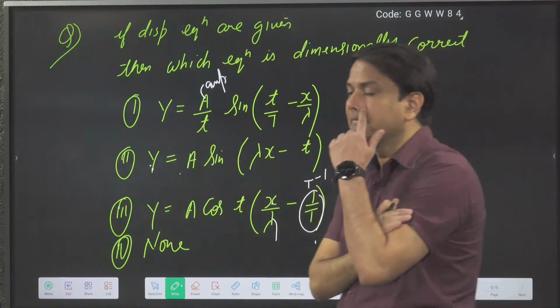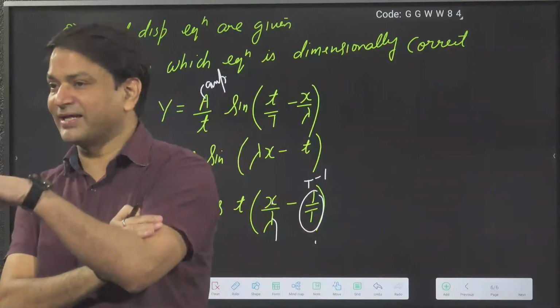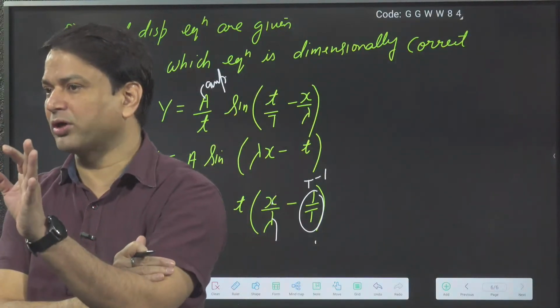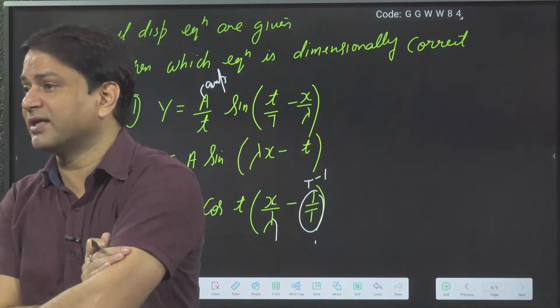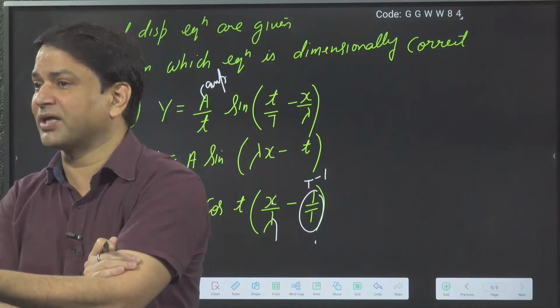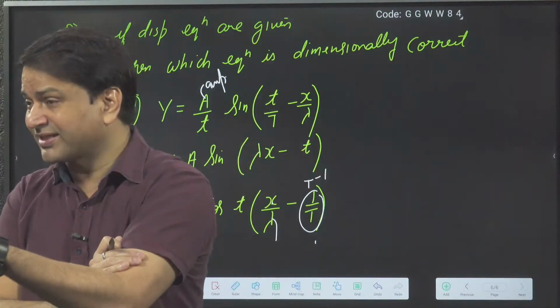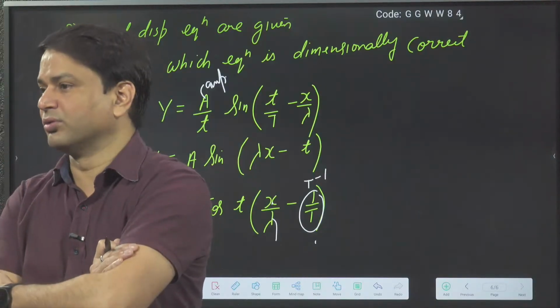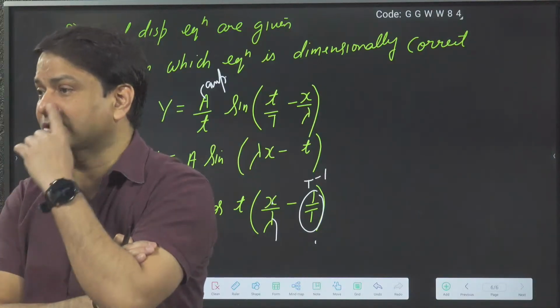No. One is a dimensionless quantity, so the other also has to be dimensionless. 1 by t has dimension T minus 1, but it is representing the angle. It should be dimensionless, and it failed the dimension test also.